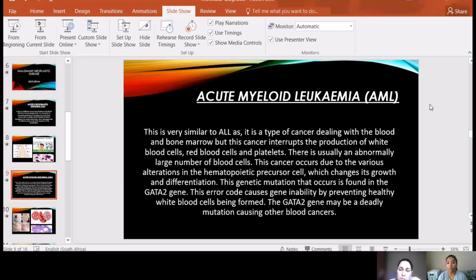The gene most commonly causing these mutations is the GATA2 gene, and this error causes the gene's inability to prevent healthy white blood cells from being formed, and in this way the leukemia just grows with the mutations.